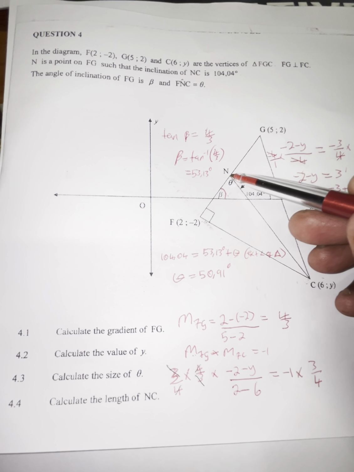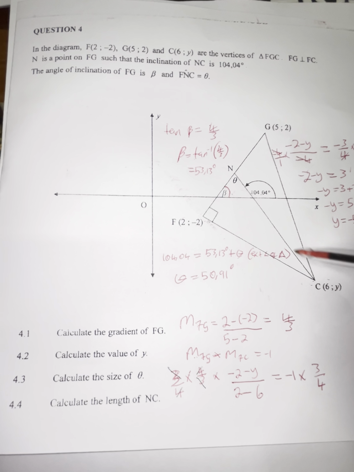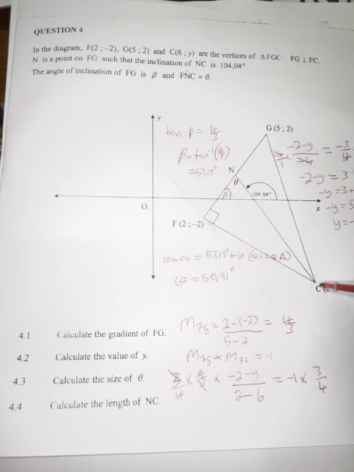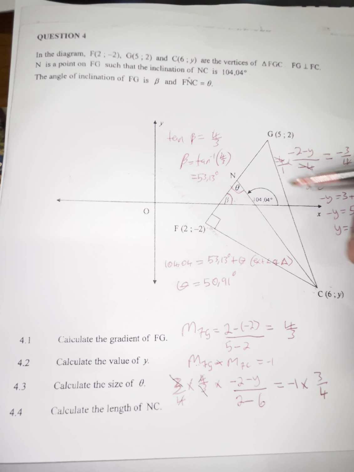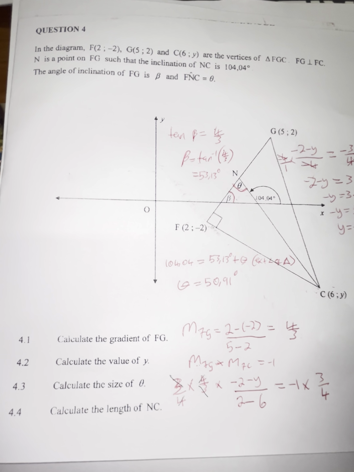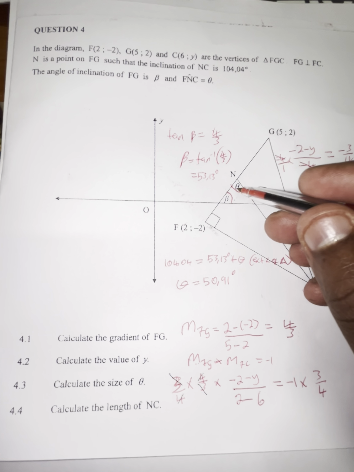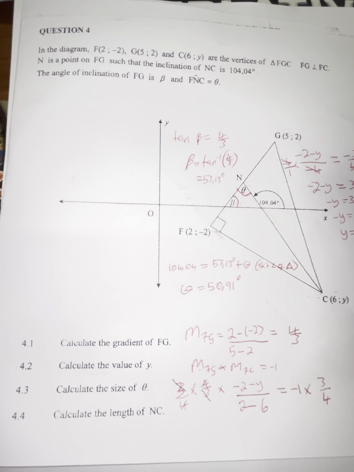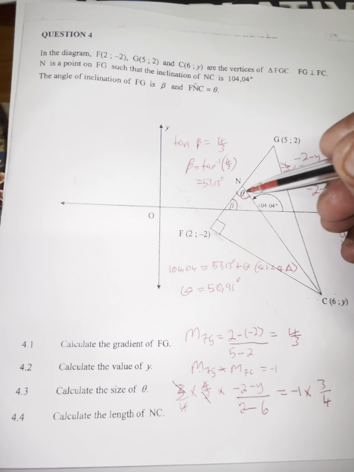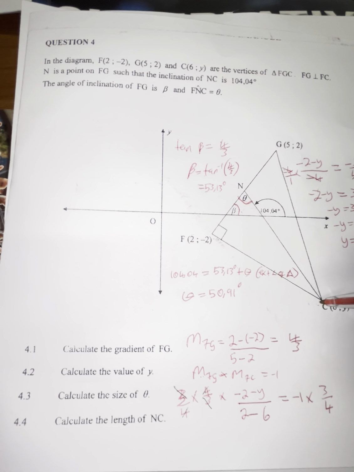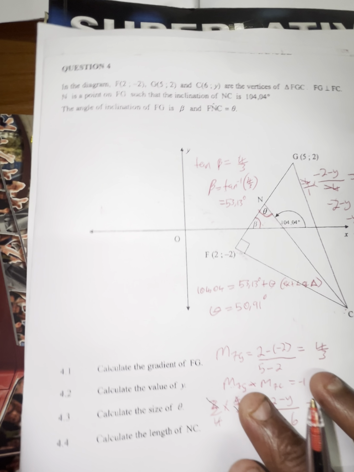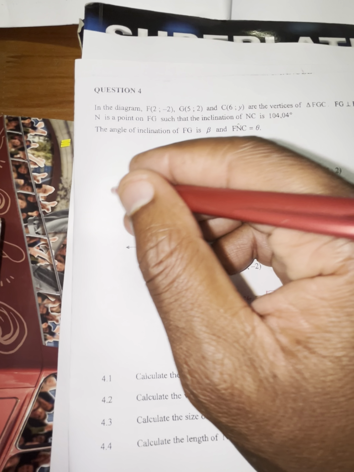You are given this right angle triangle, and we know this angle is 50.91. So the first thing that I have to do is calculate the length of FC.